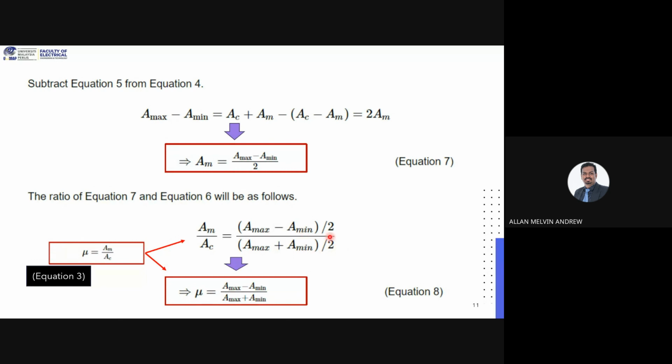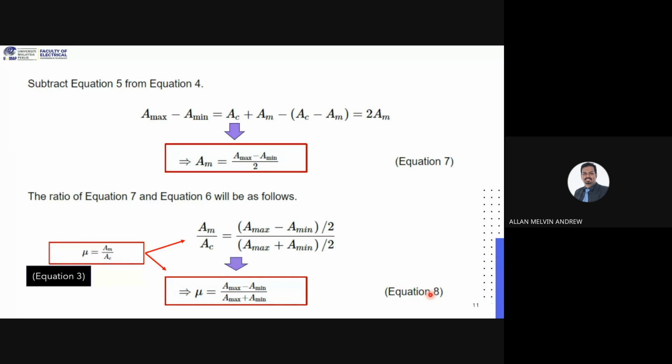We know from equation 3 that mu equals Am over Ac, so we replace this with mu. After you solve this, mu is A max minus A min over A max plus A min. This is equation 8.